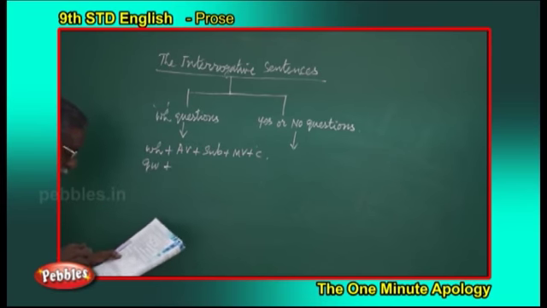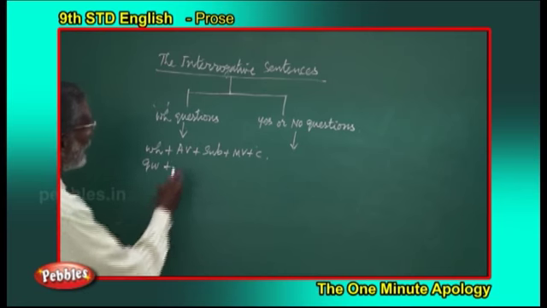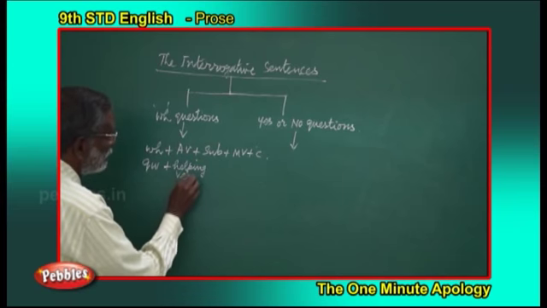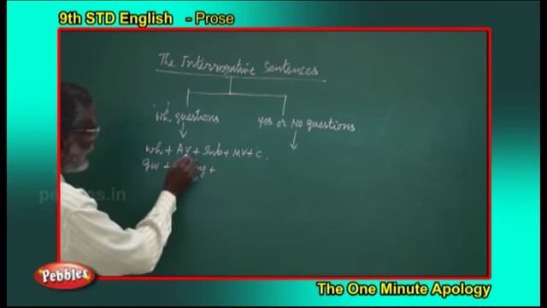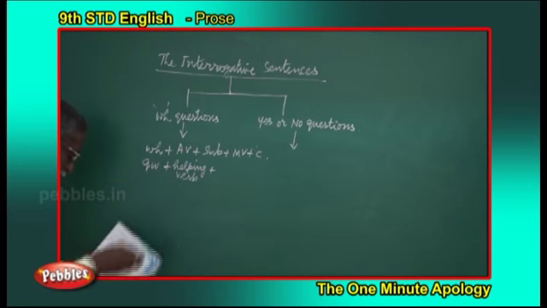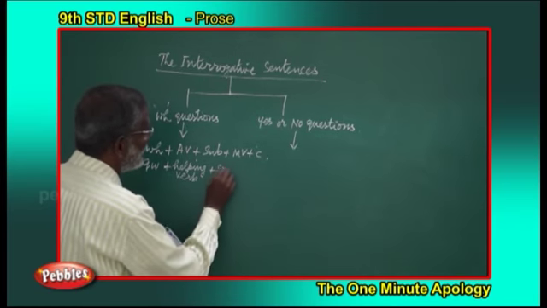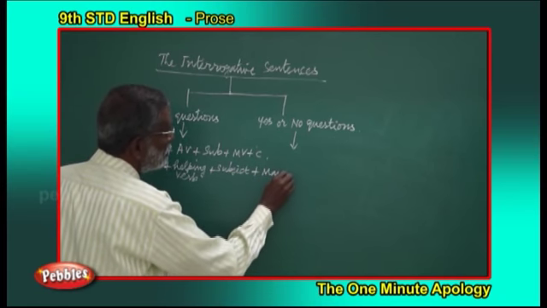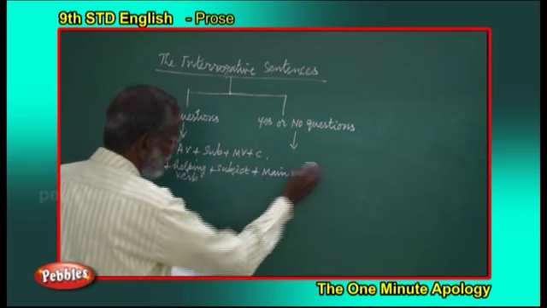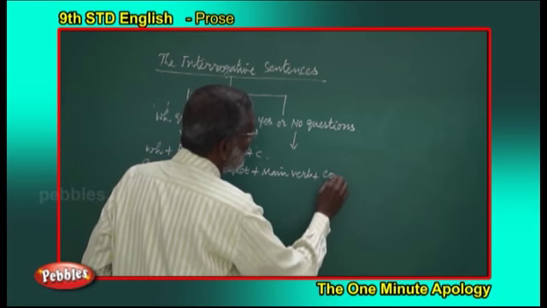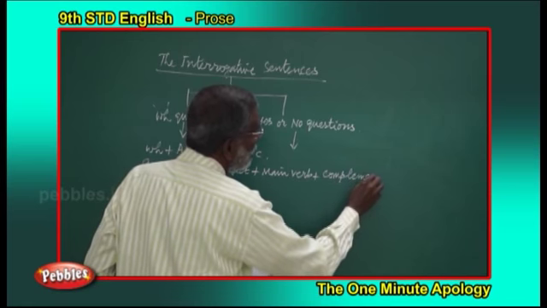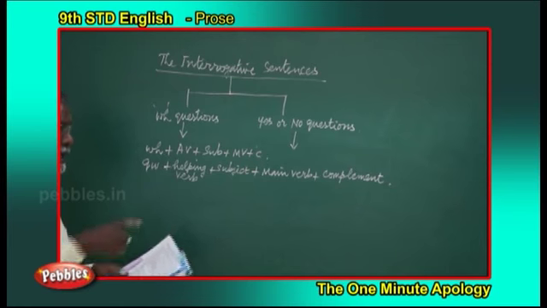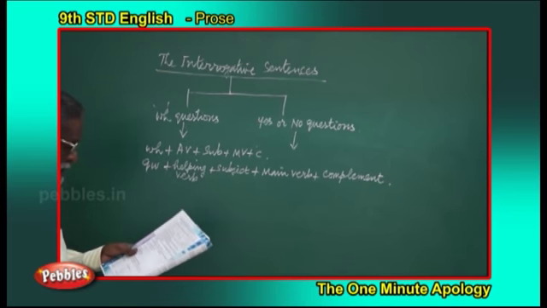In your textbook, it is given as a question word and helping verb. Auxiliary verb is otherwise called helping verb, and subject. Next one is main verb. Next we have complement. And sometimes instead of complement we will have something else.